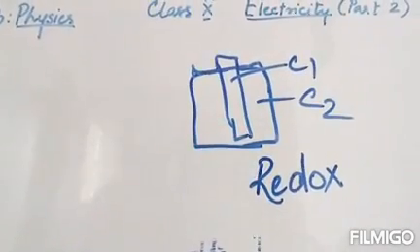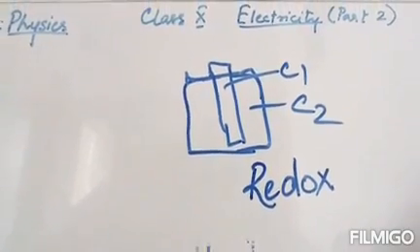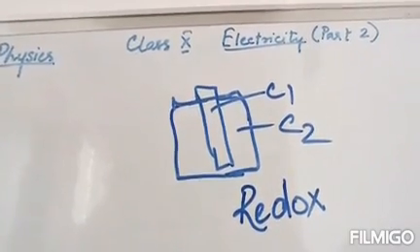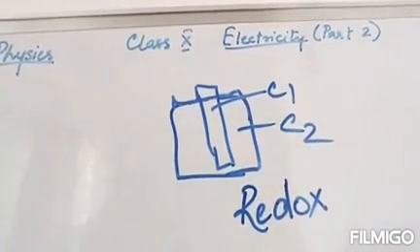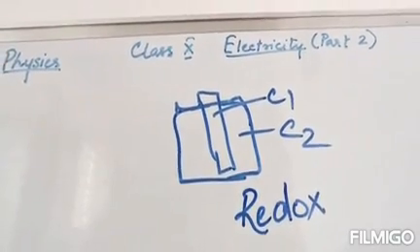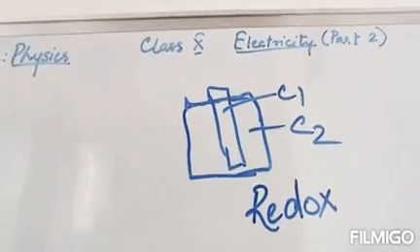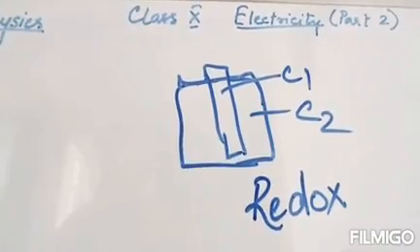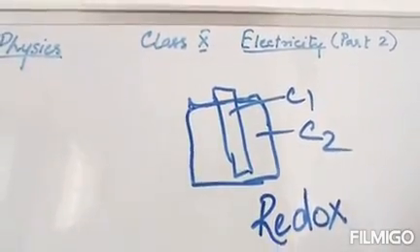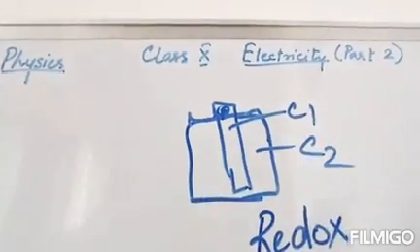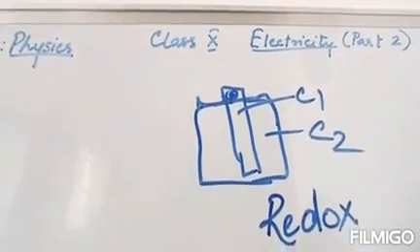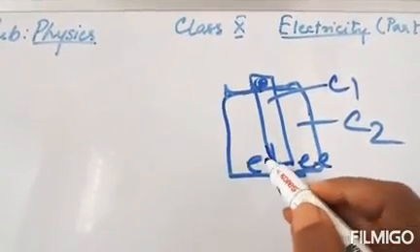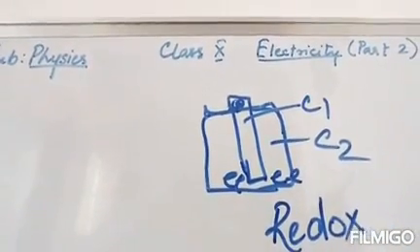And when will there be a deficit of electrons? You know that every atom is electrically neutral, and electrons are the only charge carriers in an electric circuit, right? So in this redox reaction, one chemical gains electrons and the other chemical loses electrons.